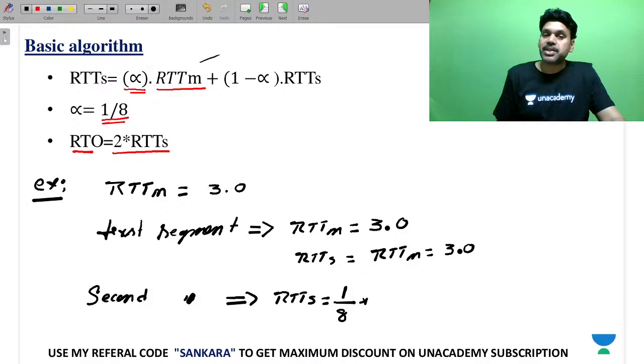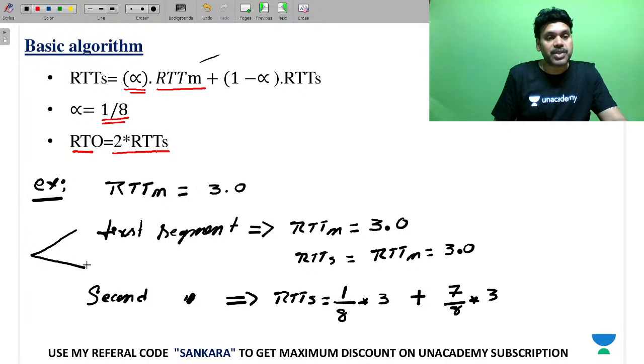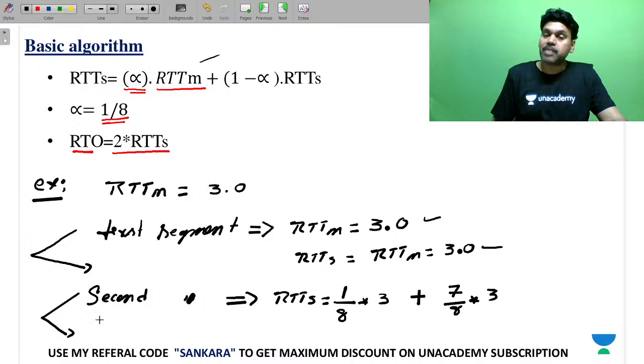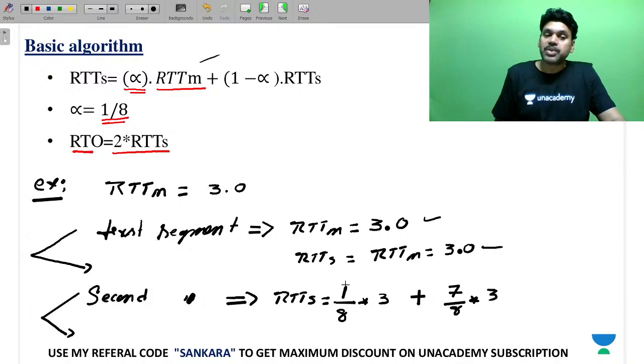So 1 by 8 into your RTTM 3, plus (1 minus alpha), which I am taking as 7 by 8, into your RTTS, which is 3. For the second transmission, please observe carefully.